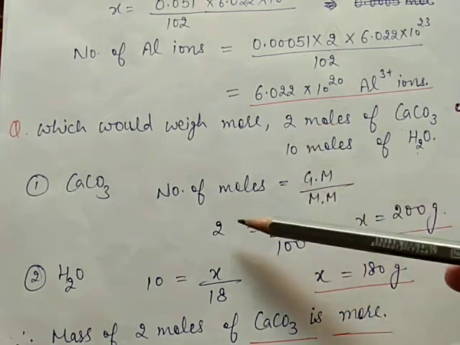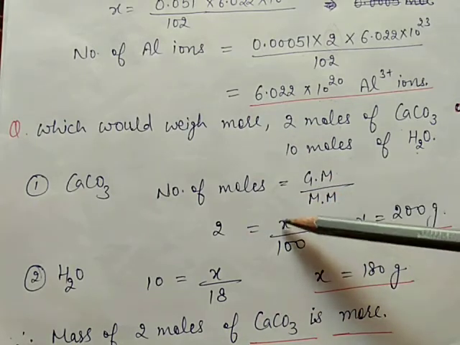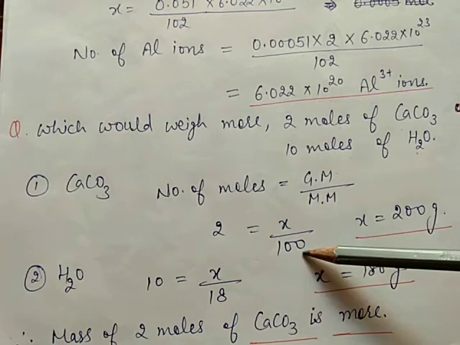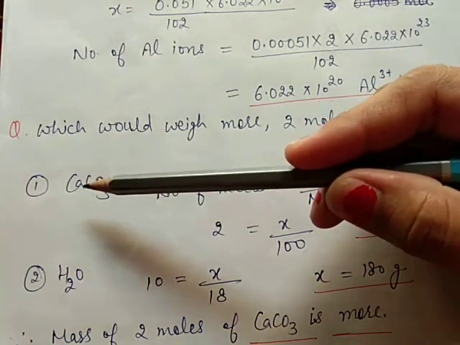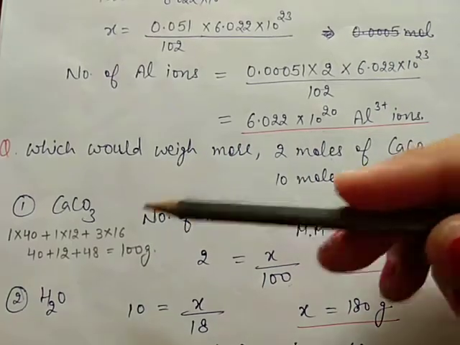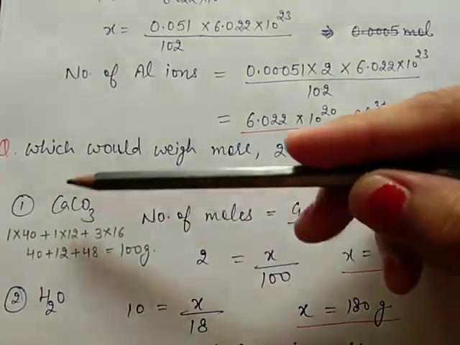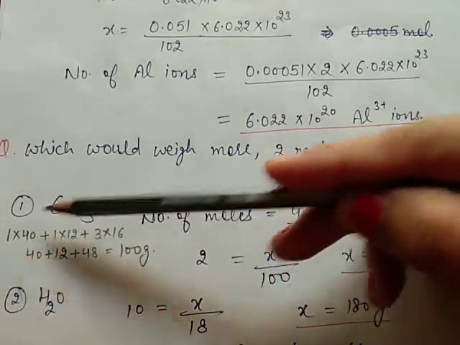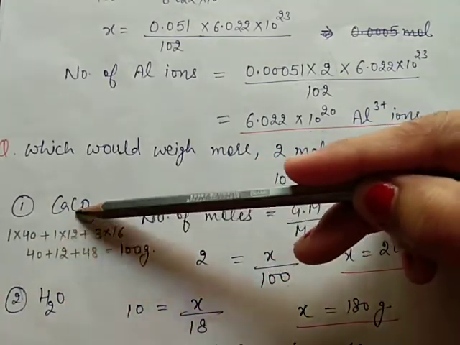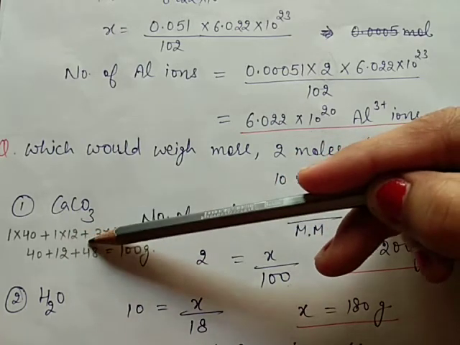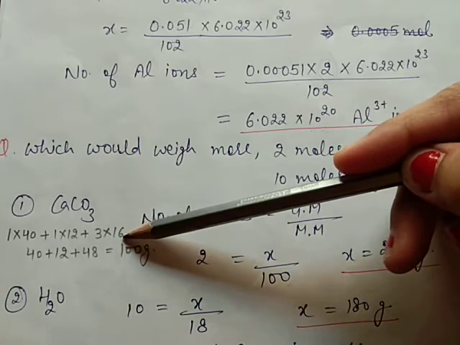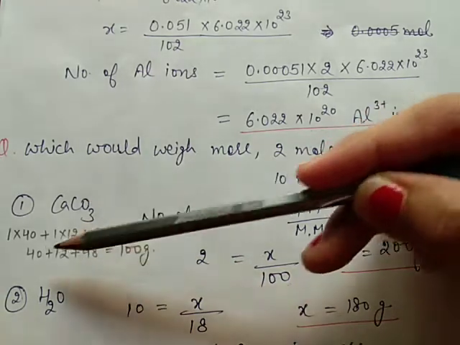Number of moles is 2, given mass is supposed to be x divided by molar mass of CaCO3. We can easily calculate here. Molar mass of CaCO3, calcium atom is 1, atomic mass is 40, plus carbon atom is 1, atomic mass of carbon is 12, plus oxygen atoms are 3 and oxygen atomic mass is 16.